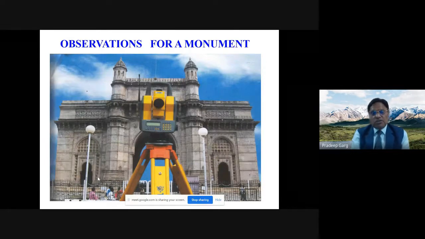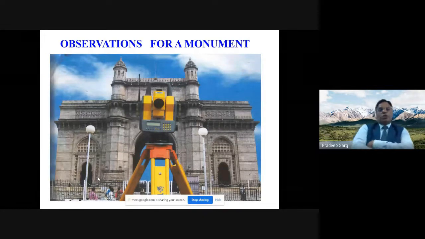And these instruments got more popularity after the WTC attack in America, because those towers which were damaged by terrorists could not be reconstructed exactly the same, because there was no three-dimensional data available. Only two-dimensional data was available.